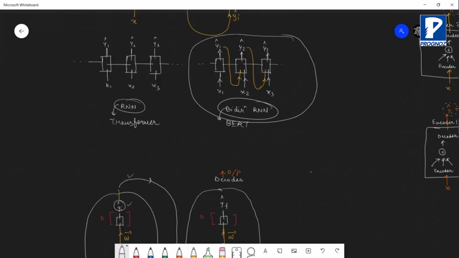Okay. Again, while discussing bidirectional RNN, I told you that there are a few drawbacks of bidirectional RNN. जैसे कि this is slow, है ना? ये slower काम करता है as compared to RNN.